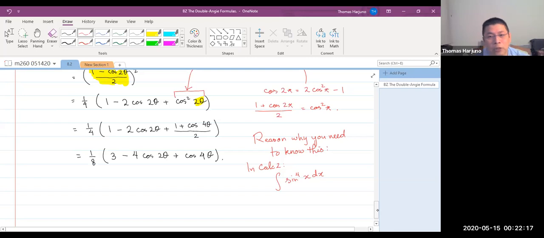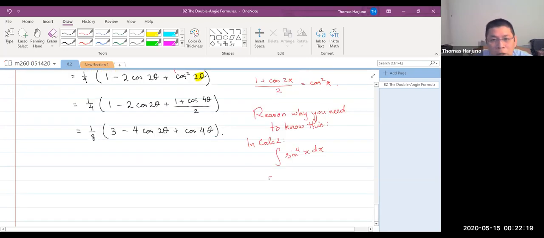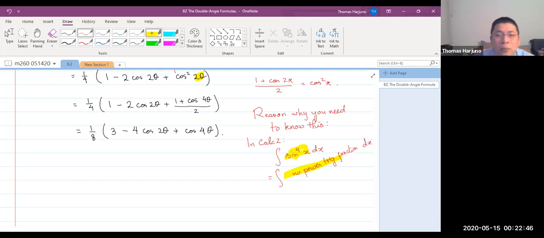But before you actually integrate this, you need to re-express it into no-power trig functions. So basically you need to do what I just did for you earlier, and then you can integrate.